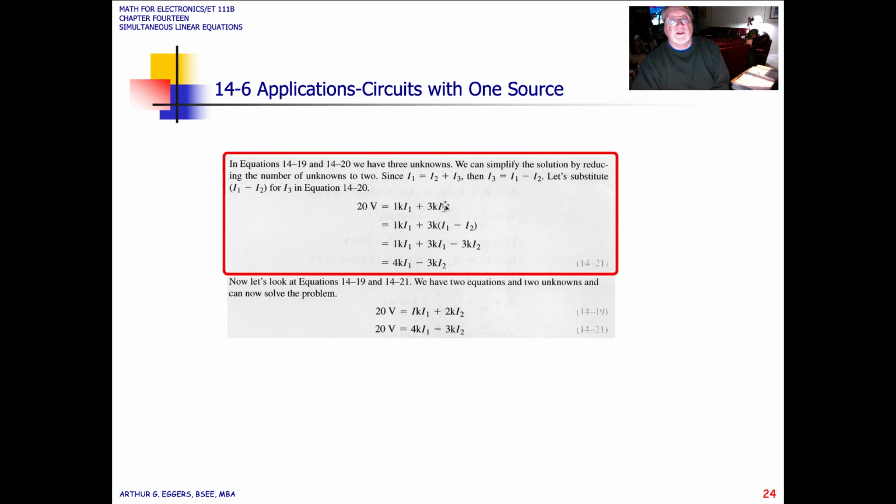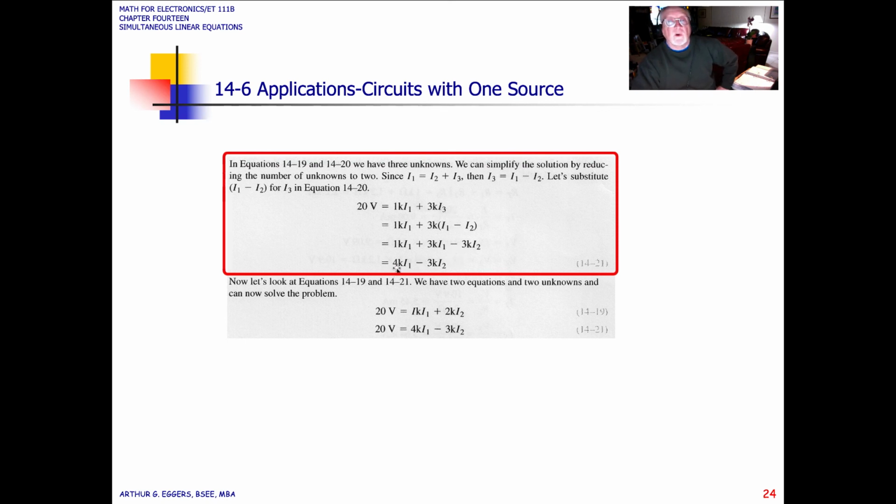We substitute I1 minus I2 in for I3. So multiply the 3K times I1 and 3K times I2. Now we have I1 terms that we can gather, and we've gotten rid of the unknown I3 in the expression.